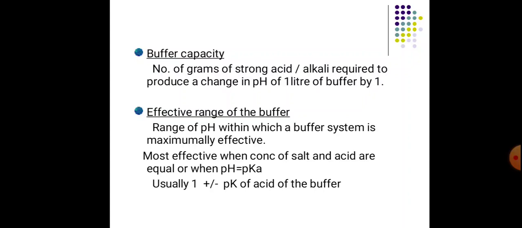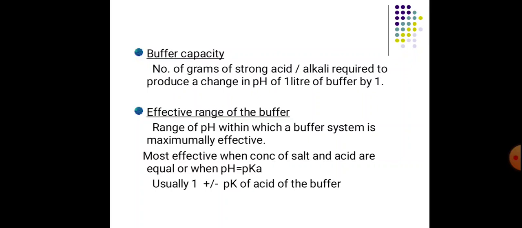And what is the effective range of a buffer? The range of a buffer means the range of pH within which the buffer system is maximally effective. It is most effective when the concentration of salt and acid are equal or when pH is equal to pKa. Here it is applied in the Henderson-Hasselbalch equation that I discussed before.